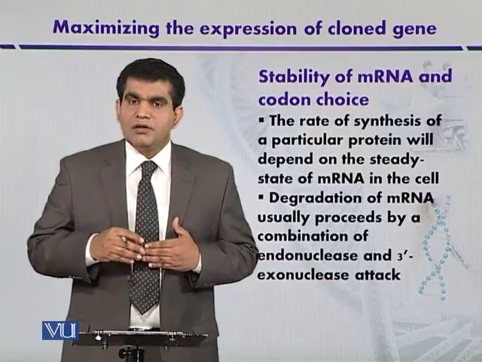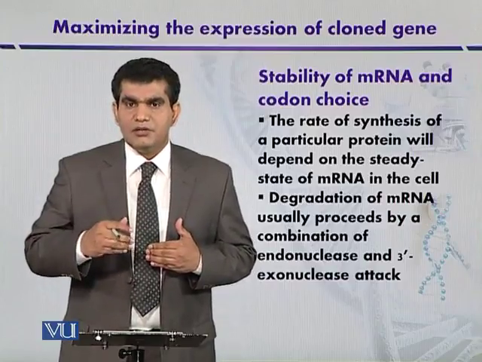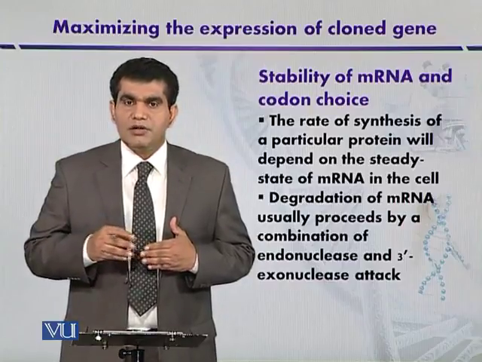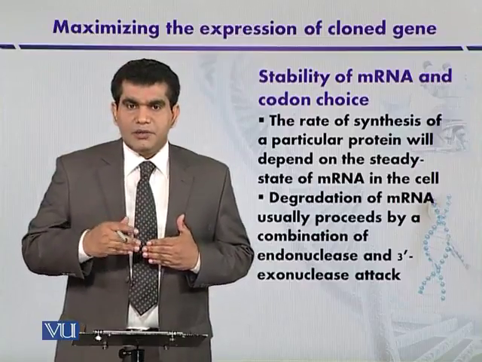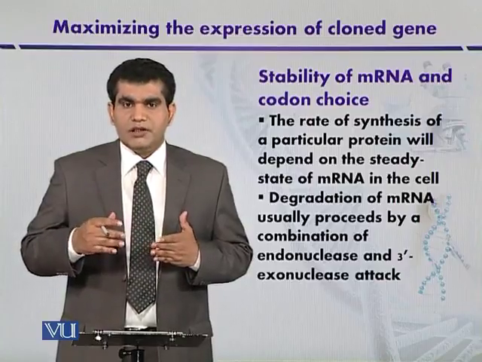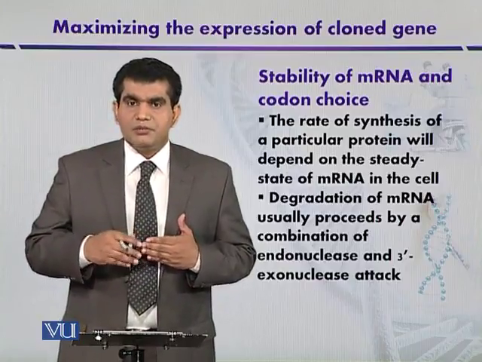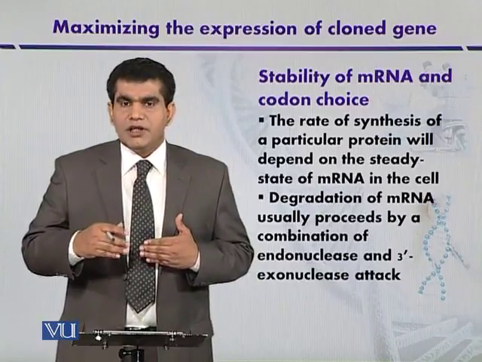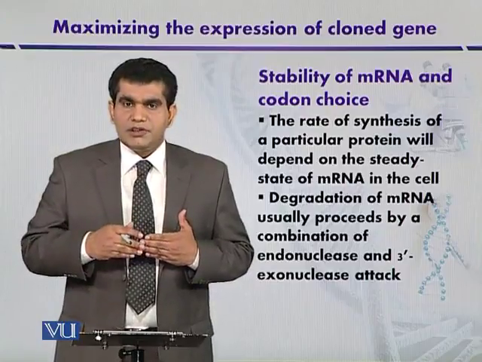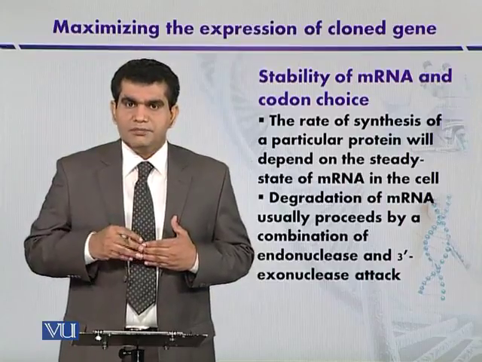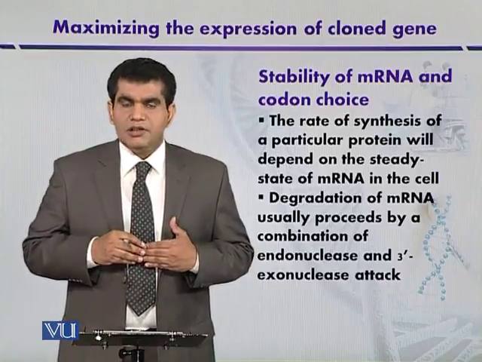The reason is that the living system or the microbes contain not only RNase E, but in addition to that, they contain other types of RNases, like RNase K, RNase M, and RNase M and R. So these are different types of RNases that can degrade messenger RNA even in those mutants that are deficient in RNase E. So the combination of endonucleases and 3' exonuclease activity is very important to determine the stability of messenger RNA in vivo.